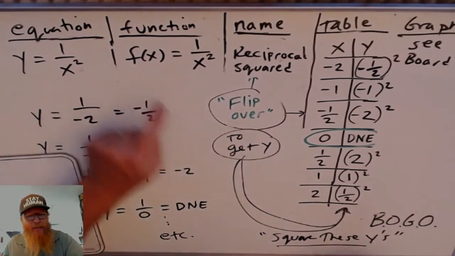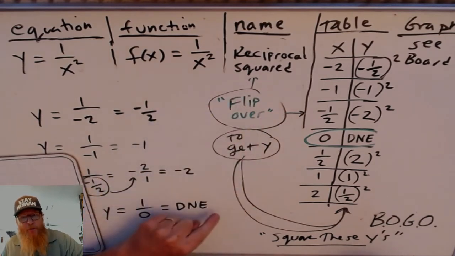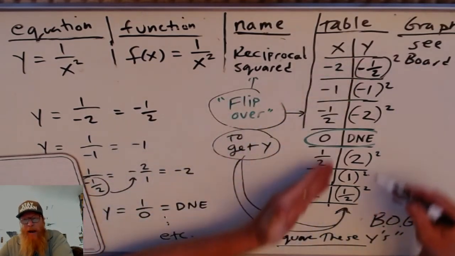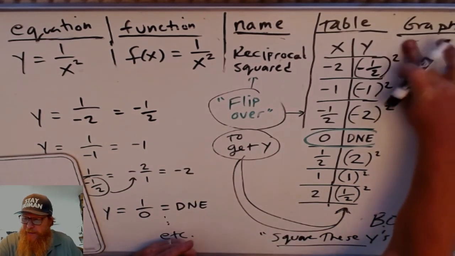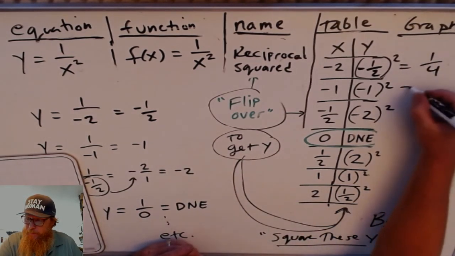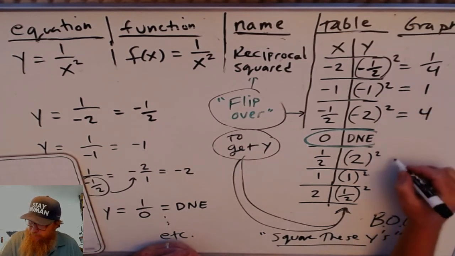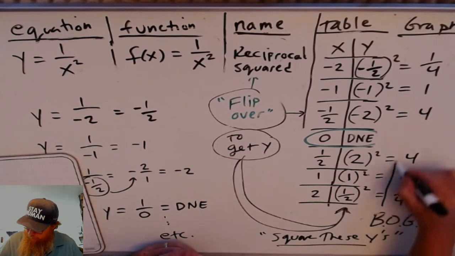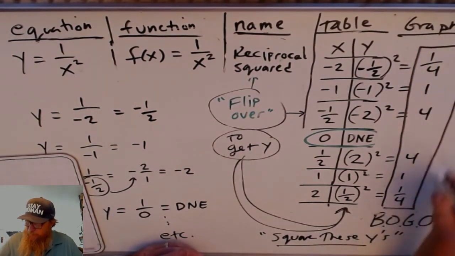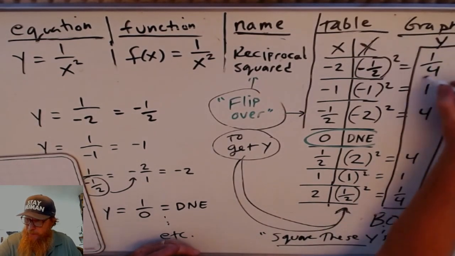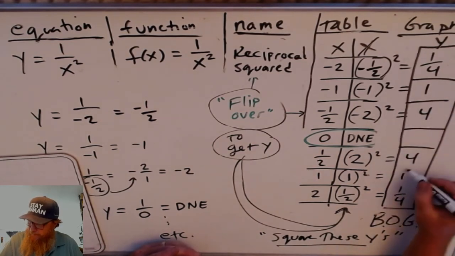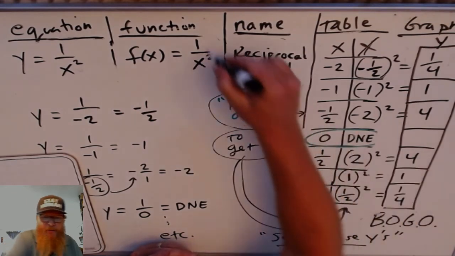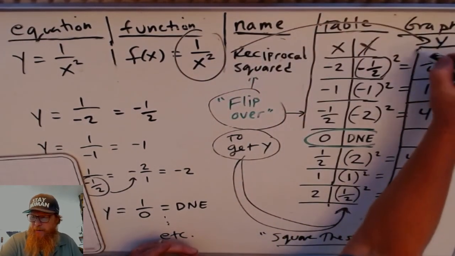If you memorize reciprocal, you get reciprocal squared. Flip over, and then to get y, square all the y's from the previous example. So these are your new y values for the reciprocal squared.